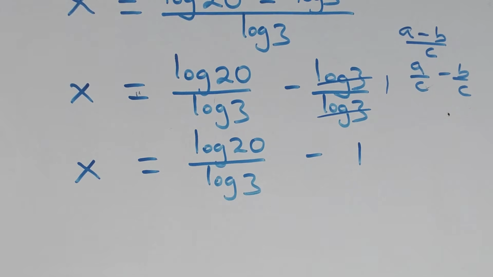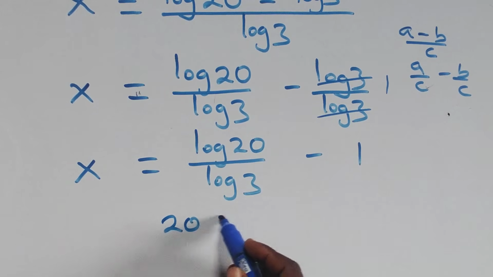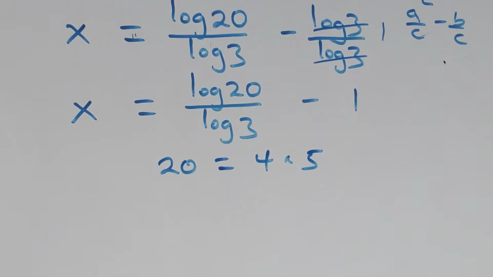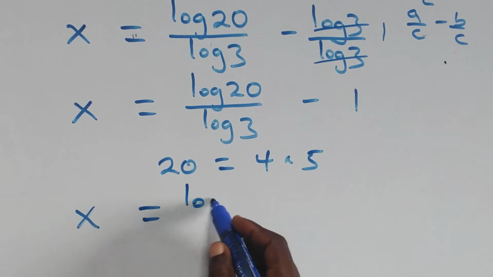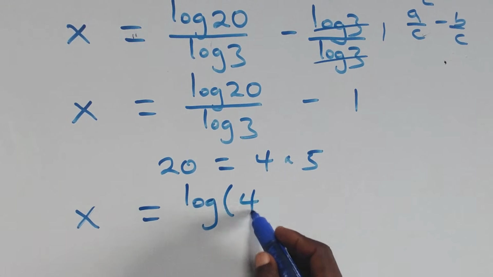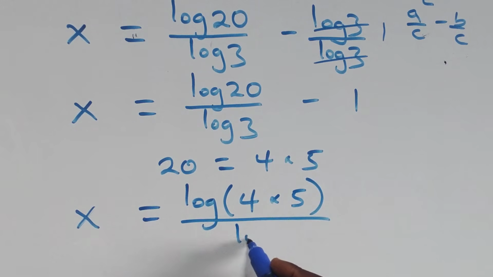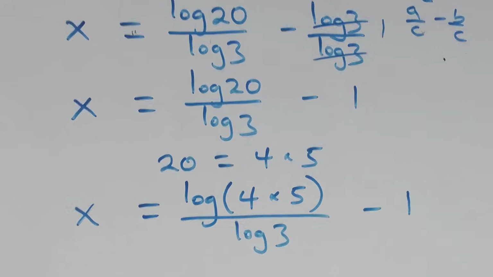Then here we can separate 20 as 4 times 5. So that what we have becomes x equals to log 4 times 5 over log 3 minus 1 here.